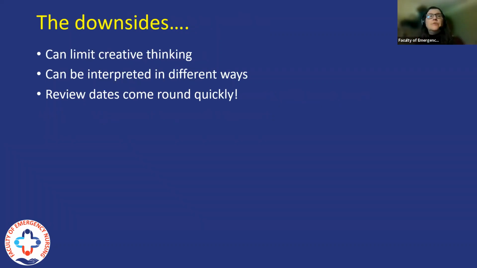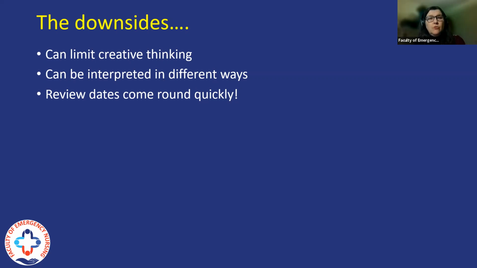The downsides, of course, we've got to always go, well, what's the problem with policies? Why would I want to live without rules? Well, it can limit your creative thinking. If the rules are really, really rigid, then you can end up doing stuff that you perhaps wouldn't choose to do if you were allowed to be a little bit more creative.